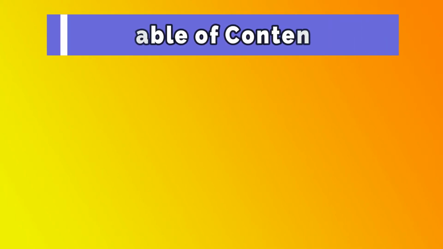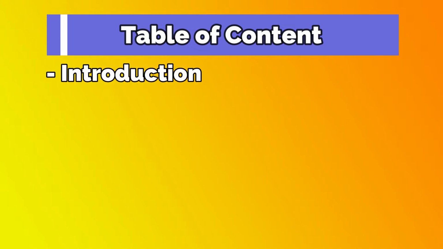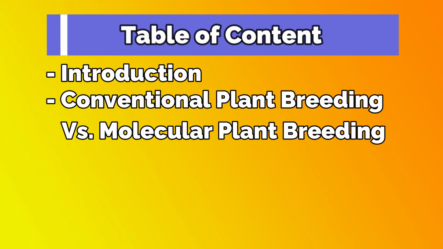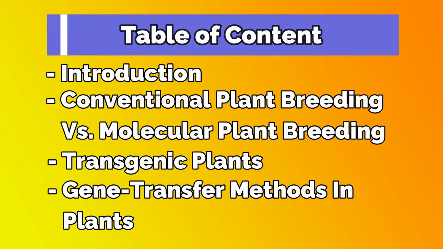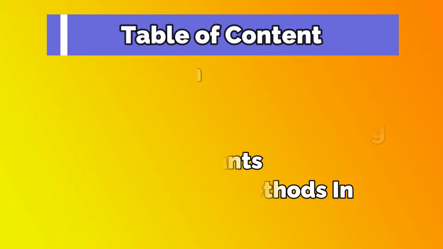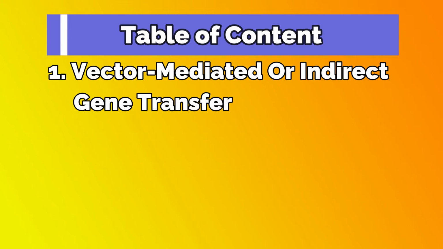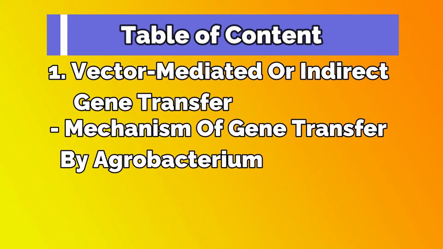First, we will look into the table of contents of plant biotechnology. We'll go through introduction, conventional plant breeding versus molecular plant breeding, transgenic plants, and gene transfer methods in plants, which are: number 1, vector-mediated or indirect gene transfer, which includes the mechanism of gene transfer by Agrobacterium.